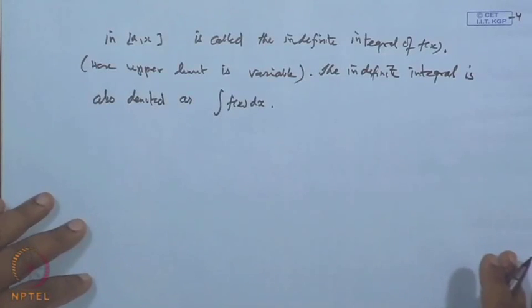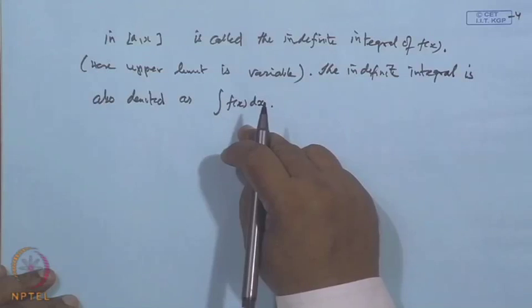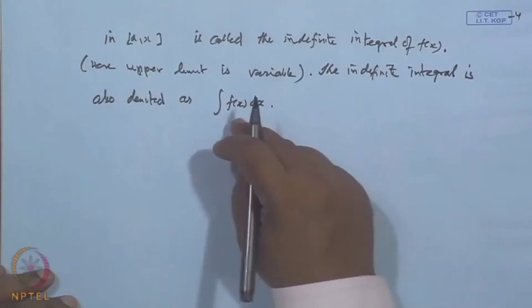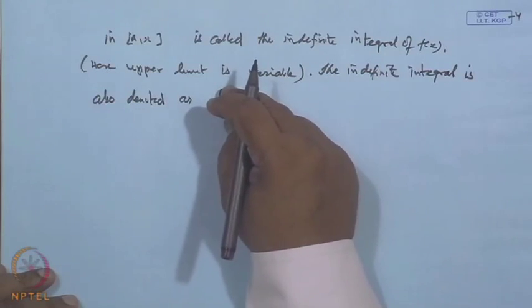So, the only difference is when the integration is taken over some interval where the lower and upper limits are fixed and f is a Riemann integrable function, then this is called a definite integral. When the upper limit is a variable one, then we call it an indefinite integral.